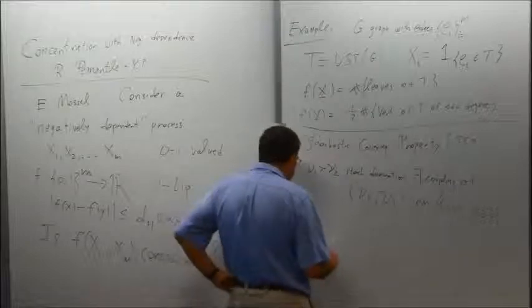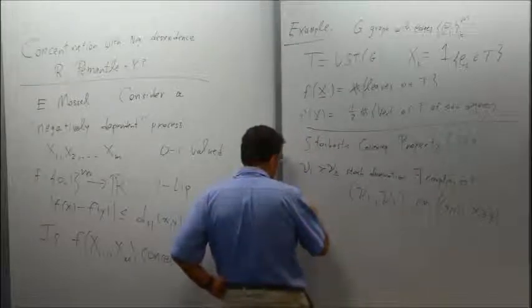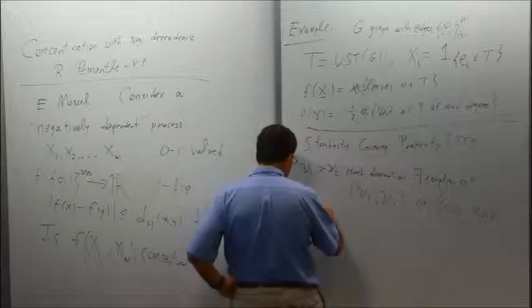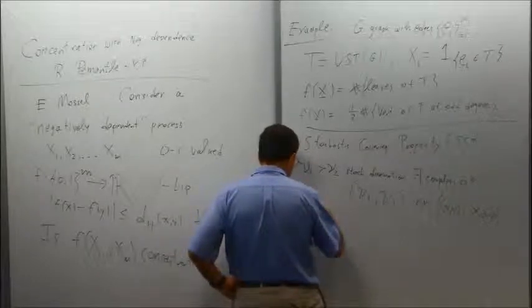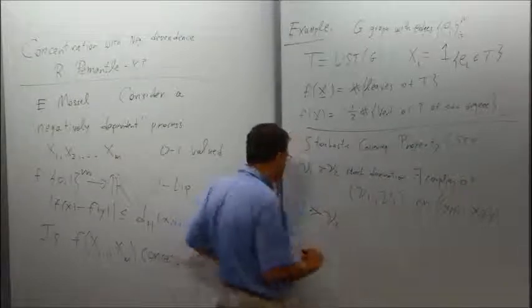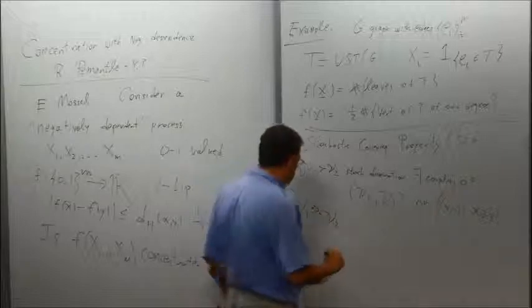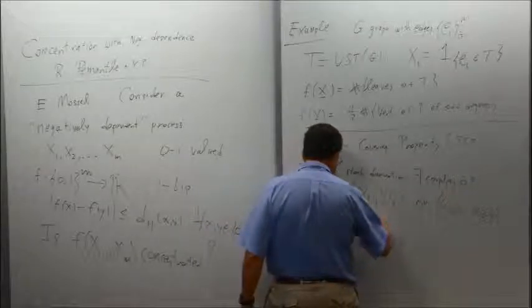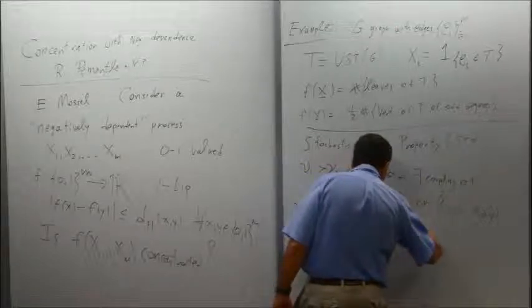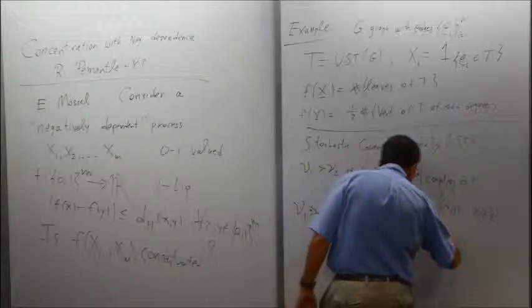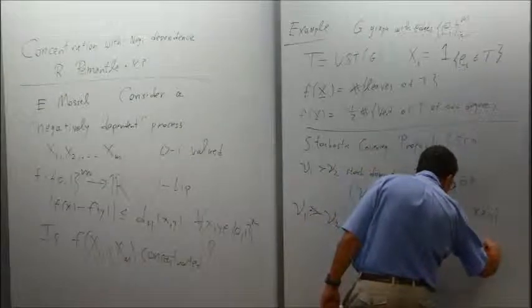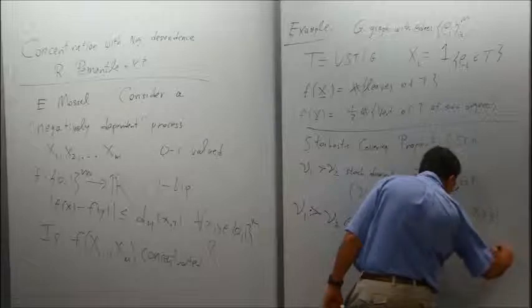Now, I want to define nu1 covers nu2 by 1. This will be defined if there is a coupling on the pairs xy where x is greater than y by 1.